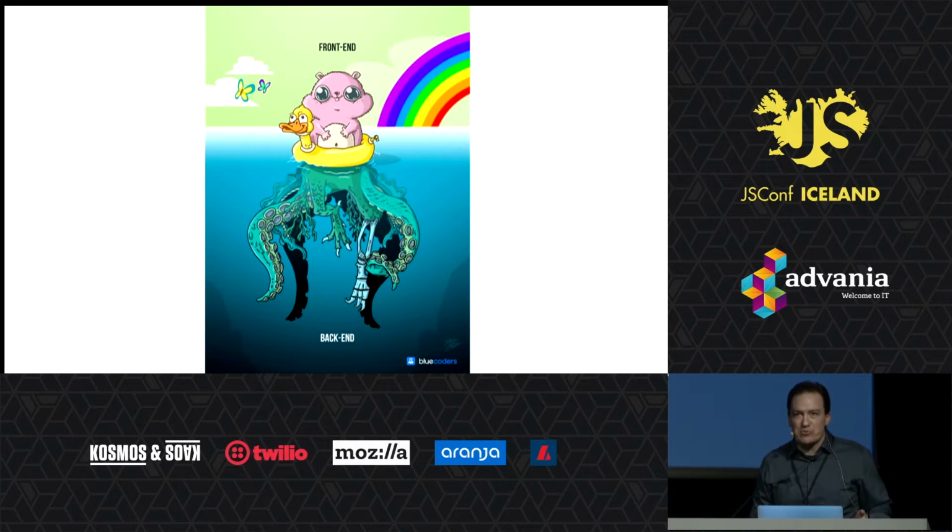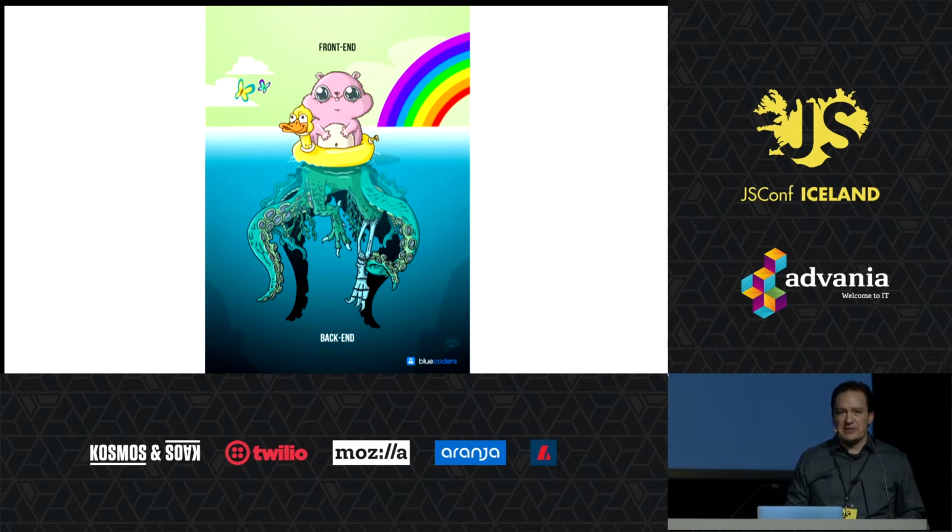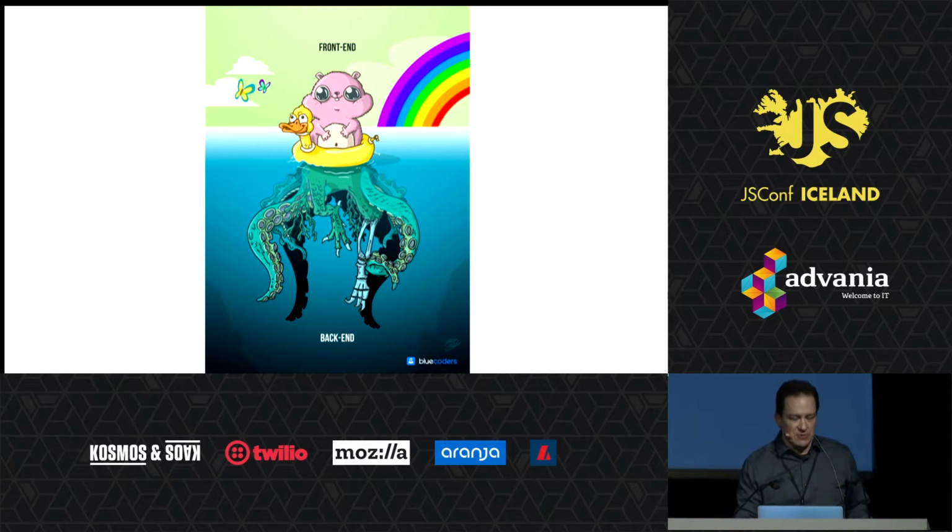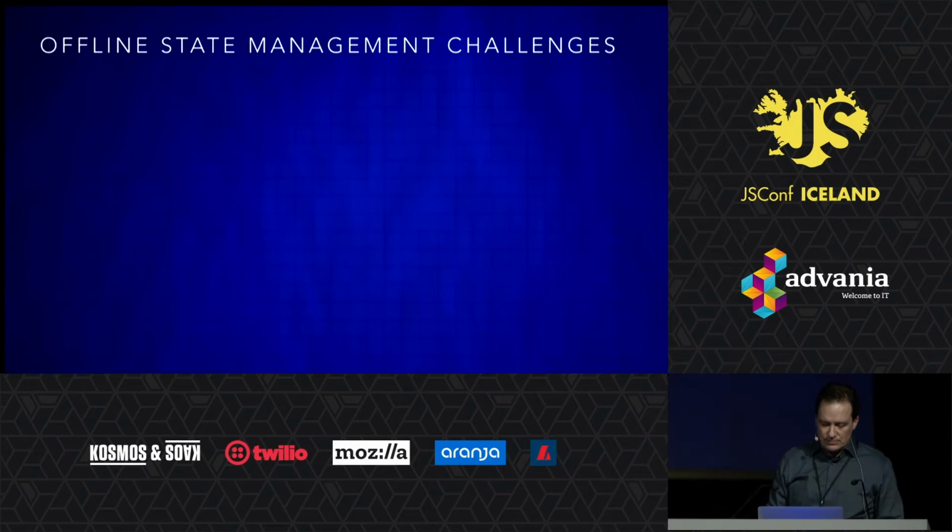This layer can get pretty gnarly if we're not careful. But this is where we need to solve our offline interactivity problems. So what do we need to do to manage offline state in this layer? You might come up with a back-of-the-napkin list of requirements that looks something like this.